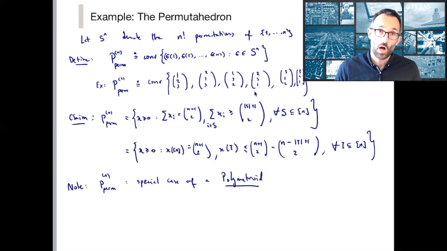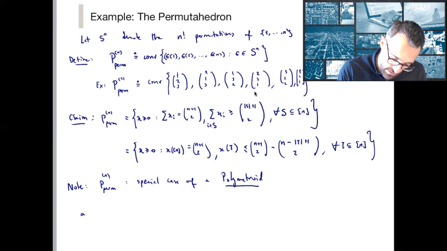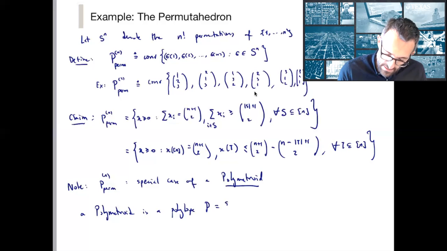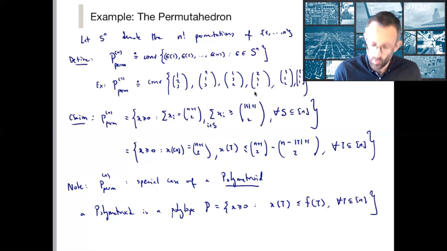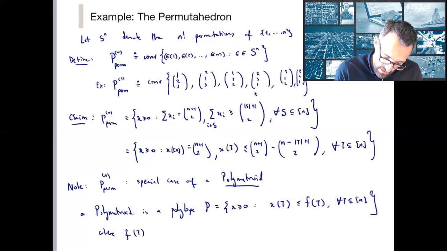And these are polytopes that are defined as follows. A polymatroid is a polytope P that has the form x non-negative such that x of T is less than or equal to f of T for any T subset of 1 to n, where f of T is submodular.